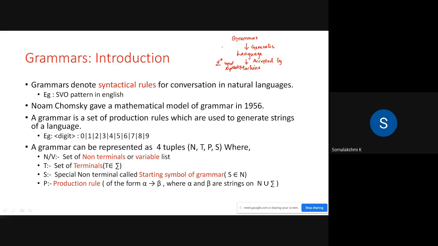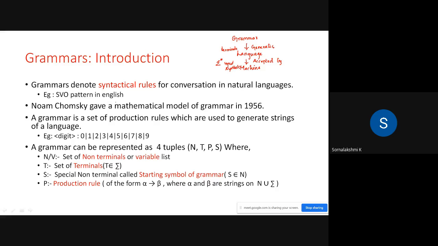So we call these symbols terminals in a grammar. The output of using the grammar will be different combinations of these terminals, and different combinations of these terminals will generate strings. The same symbols we called input symbols in a DFA or NFA, in an automaton. So this is the introduction.